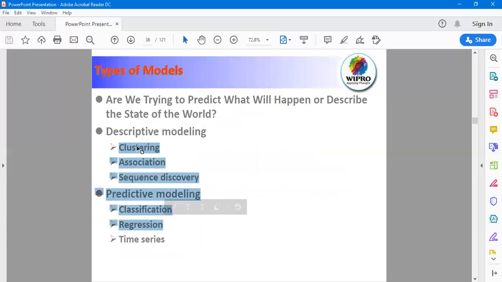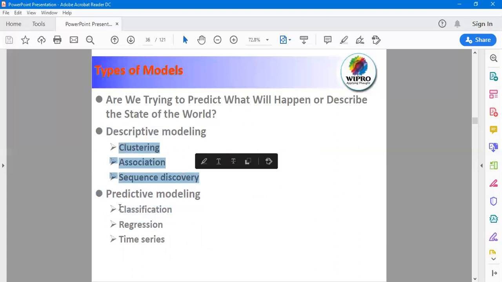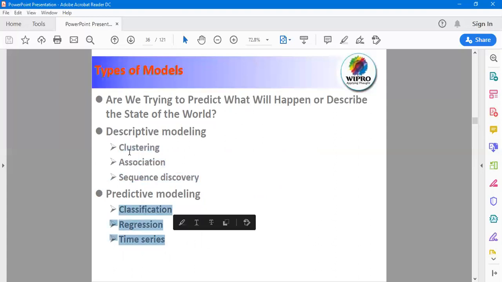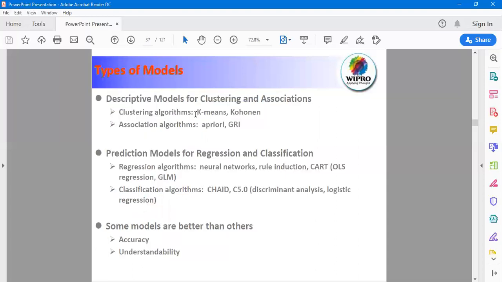Again, I will repeat: two types of models, descriptive and predictive. These three are descriptive, these three are predictive. These are the techniques used for descriptive models, whereas for these, k-means and Kohonen are the algorithms.